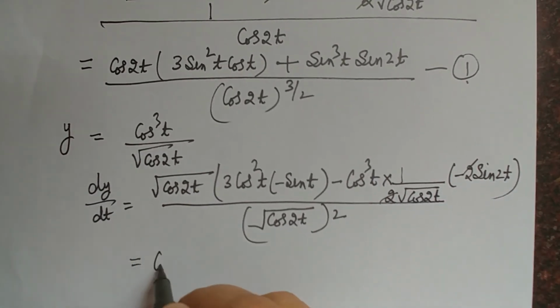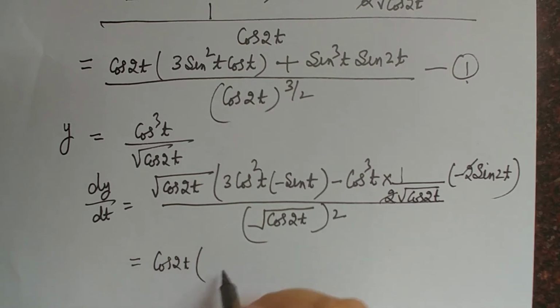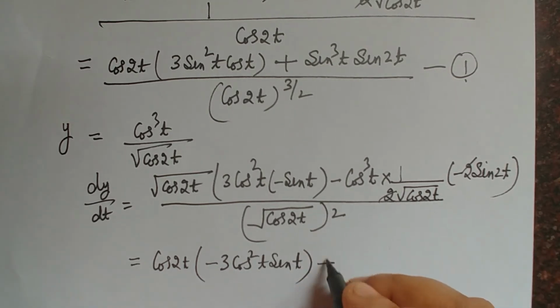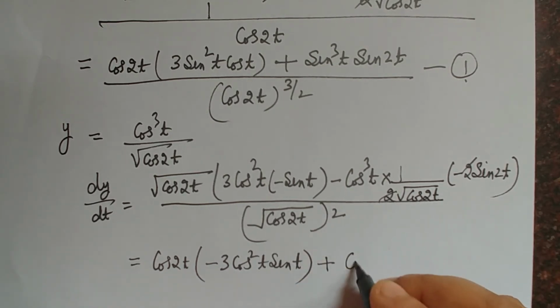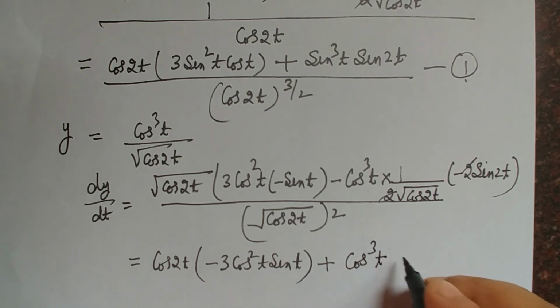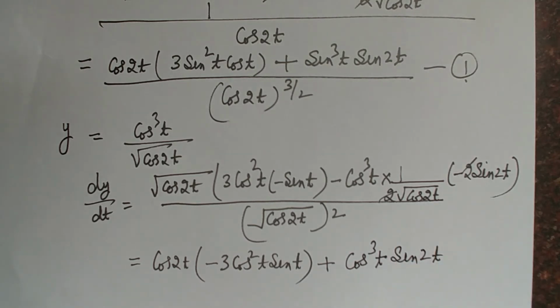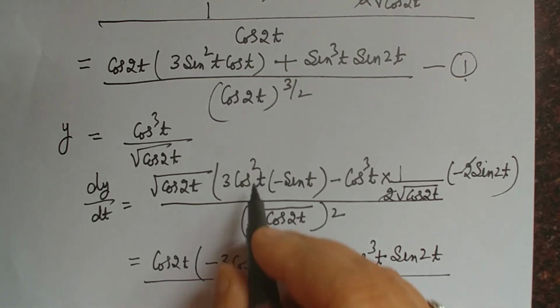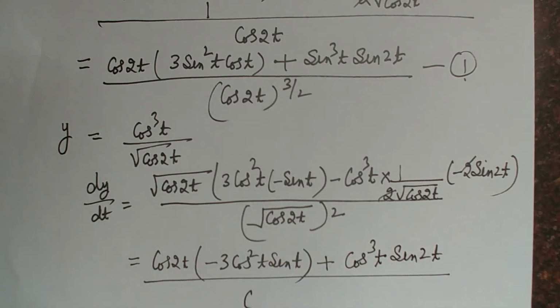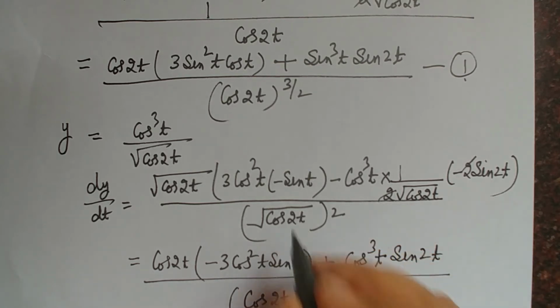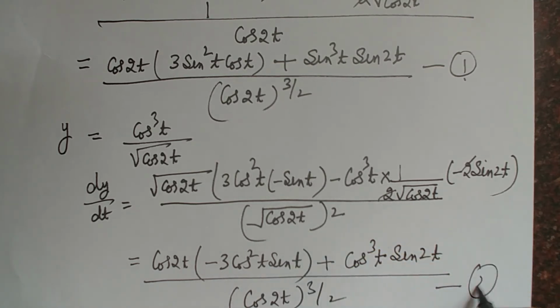So it is cos 2t minus 3 cos square t sine t, and again, minus minus plus, it is cos cube t into sine 2t. Okay, so again the bottom will have your cos 2t raised to power 3 by 2, after taking LCM. So this is your equation number 2.